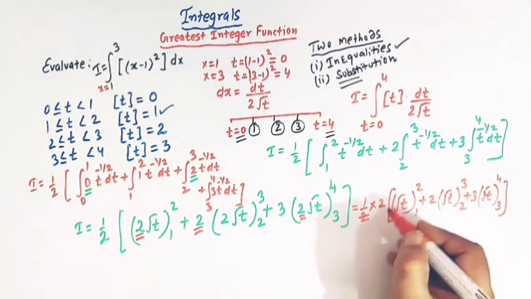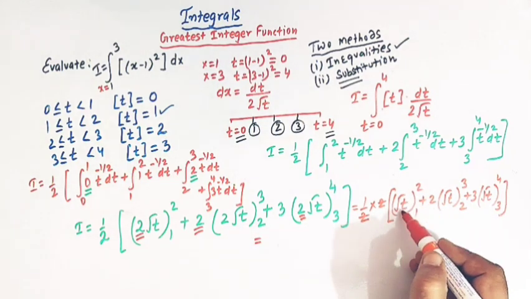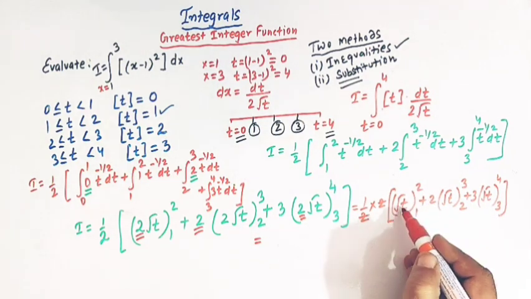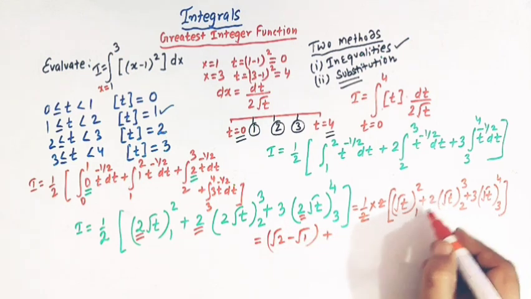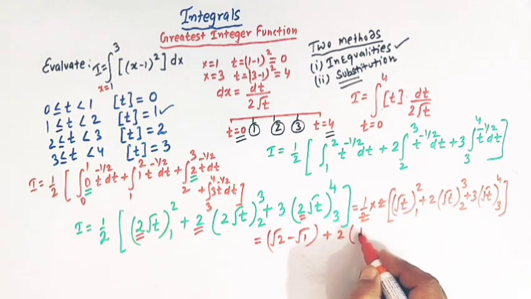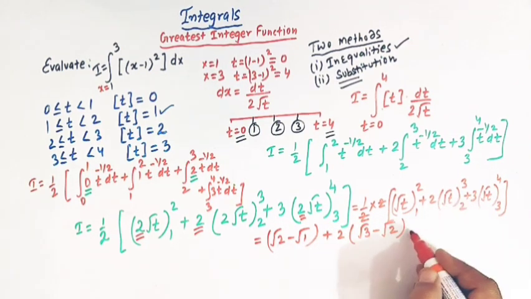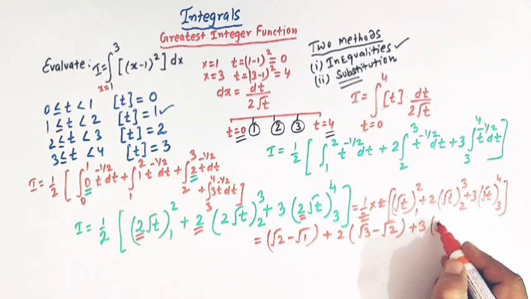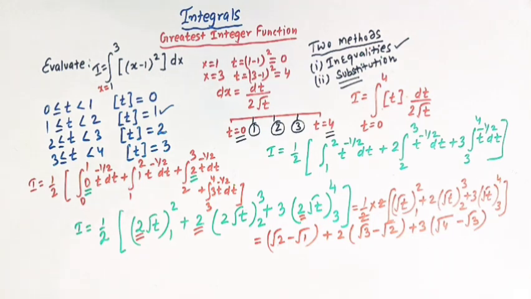Now this 2 and this 2 get cancelled, and now we can substitute the limits here and take the difference. So in the first expression we have root 2 minus root 1. Then we have 2 times square root of 3 minus square root of 2. Then we have 3 times square root of 4 minus square root of 3.